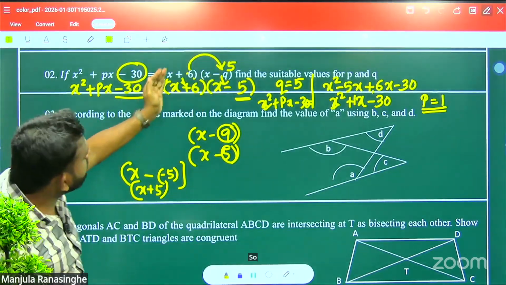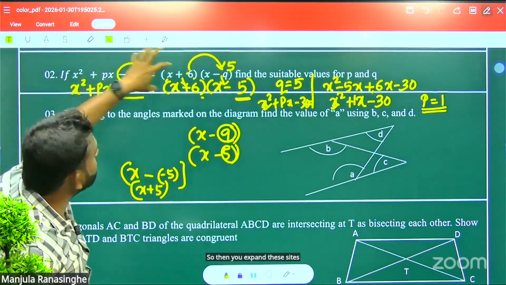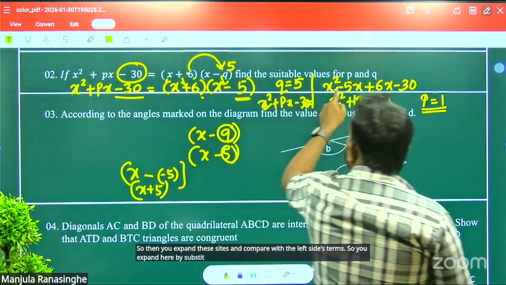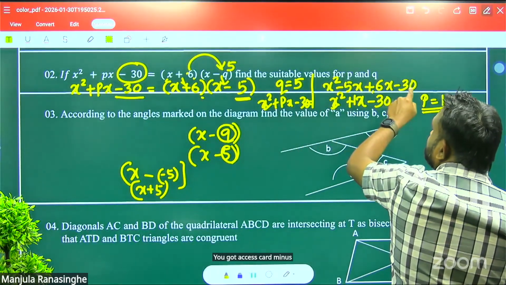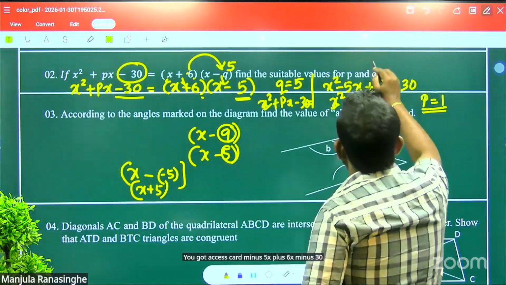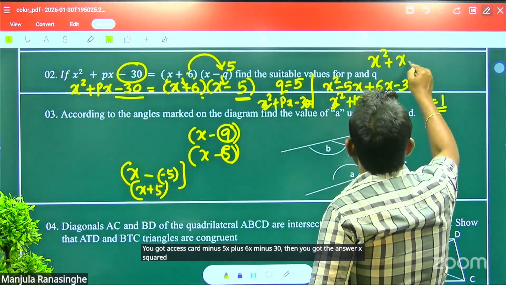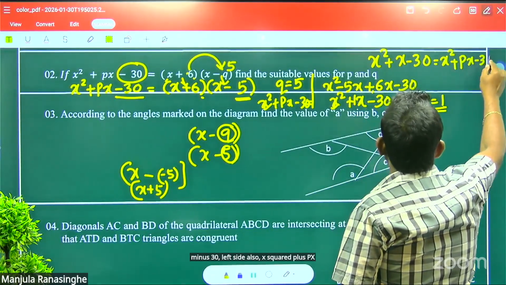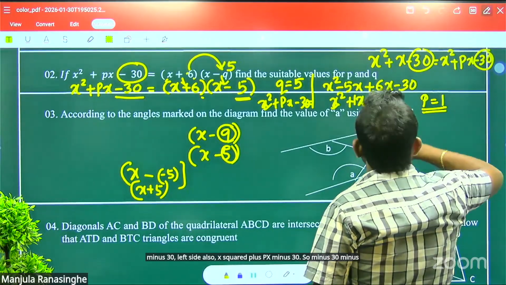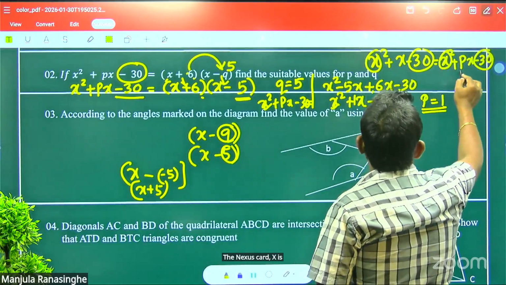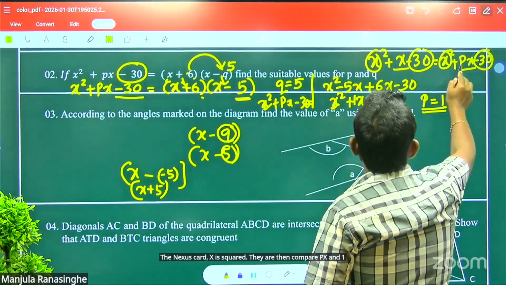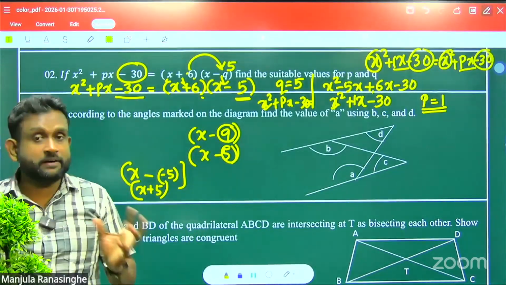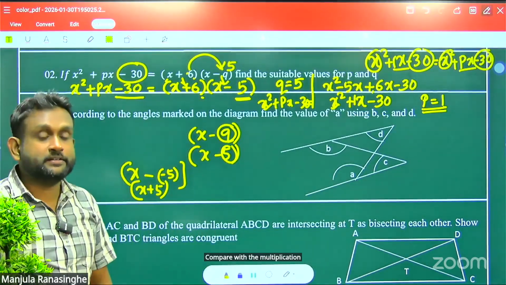Then you expand these sides and compare with the left side's terms. By substituting 5 you got x squared minus 5x plus 6x minus 30. Then you got the answer x squared plus x minus 30. The left side is also x squared plus px minus 30. So minus 30 and minus 30 are there, x squared is there, then compare px and 1x. Instead of p, 1 is there here. Compare with the multiplication on both the sides. So that's the nature.